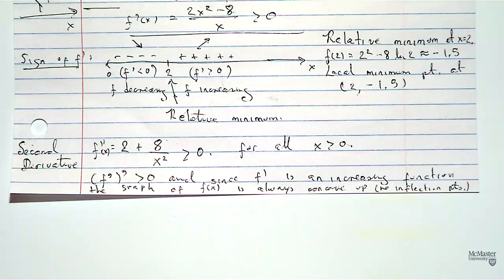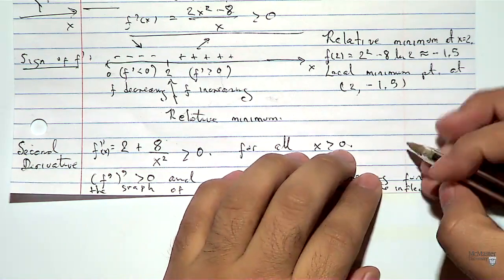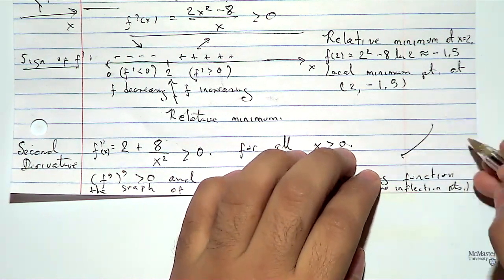And if f prime prime is greater than 0, it means that the derivative is always growing, right? So it's increasing. So let's say that this is your initial slope, your initial derivative. You travel through x, it is becoming higher and higher. So clearly there's a concavity sense. That's why it's concave, right? If I think of the slope, if it's growing as I travel through x and making it greater, clearly you have some concavity. That's why we care about this criteria of the second derivative.